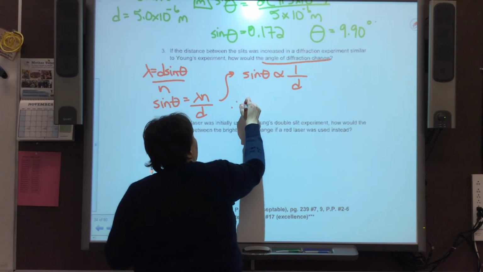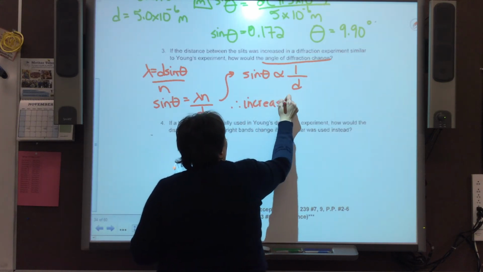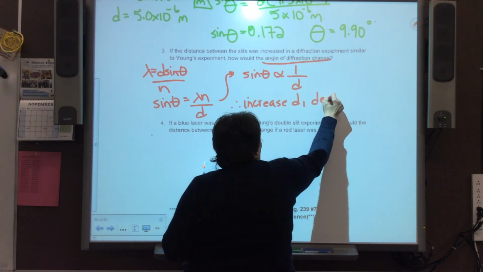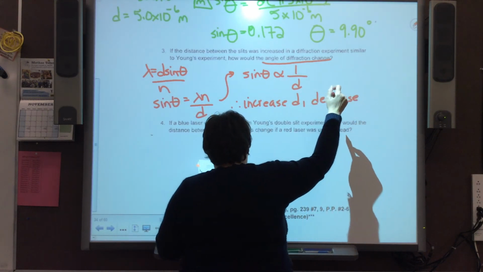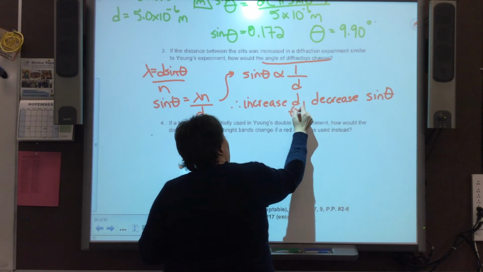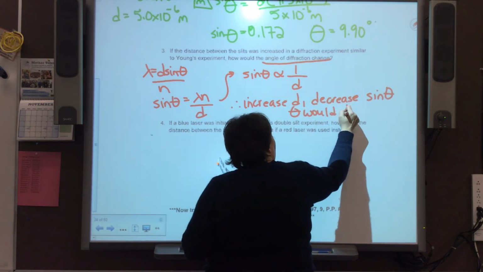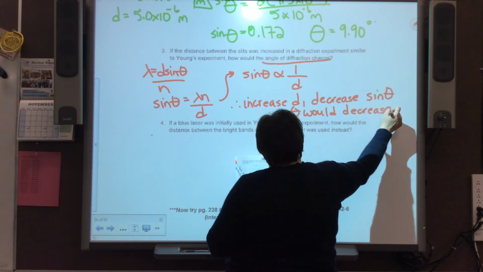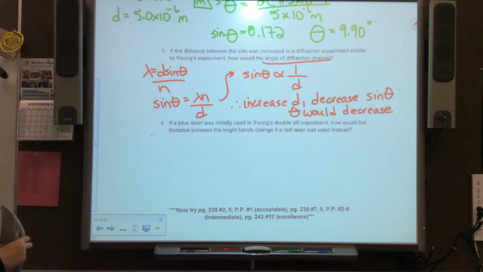In an inverse relationship, if we increase the distance between the slits in and of themselves, sine theta would then decrease. And if sine theta is going to decrease, theta is also going to decrease.